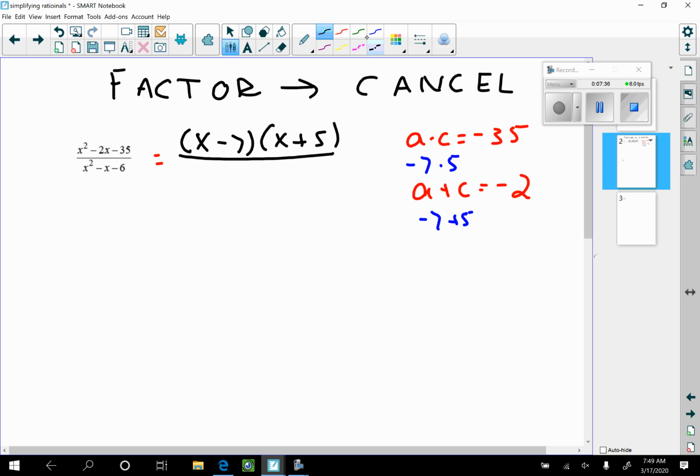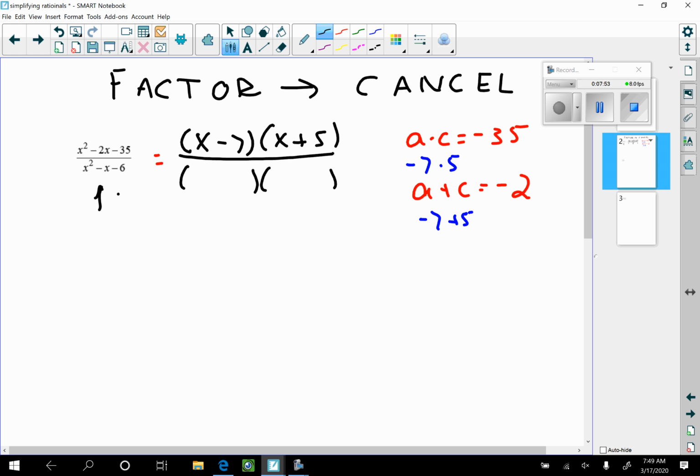I see it immediately: negative 3 times 2 is negative 6, and negative 3 plus 2 is negative 1. So I'm going to go x minus 3 and x plus 2.